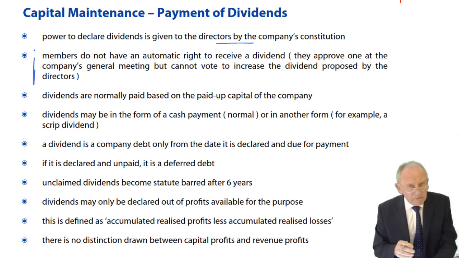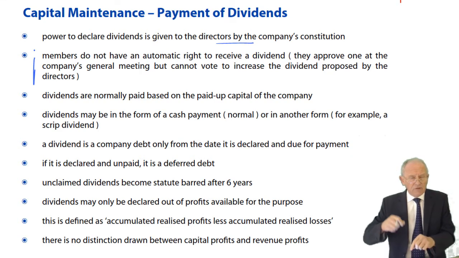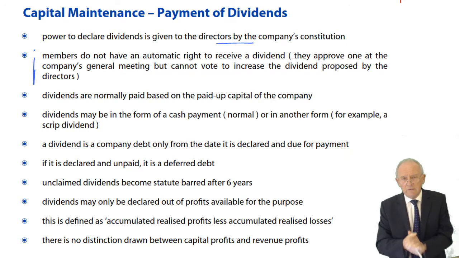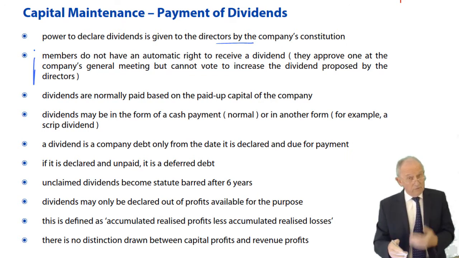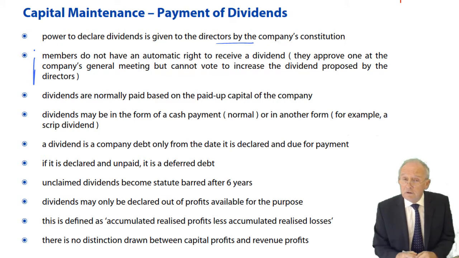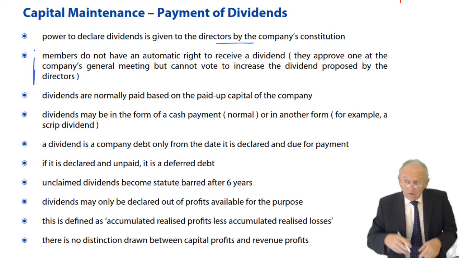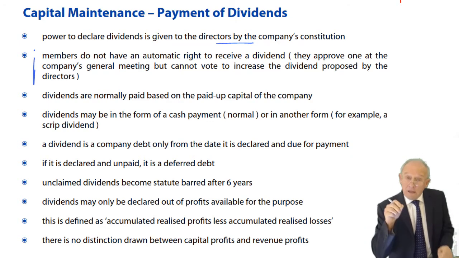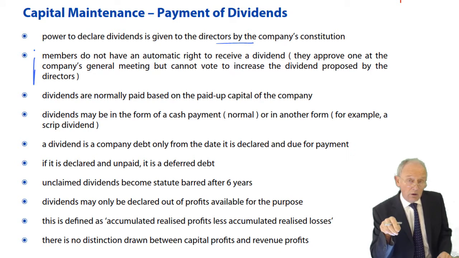That isn't a liability because it's not been confirmed by the members until we get to the general meeting. At that general meeting, normally the members will approve the dividend that has been proposed. They can, without it being a major earth-shaking change, approve a lower dividend.